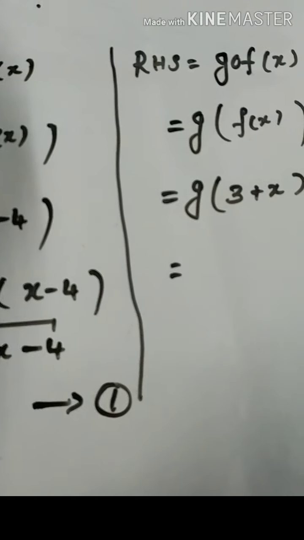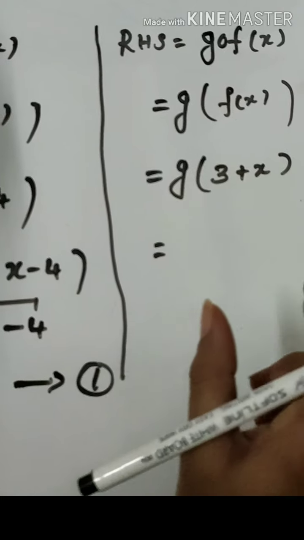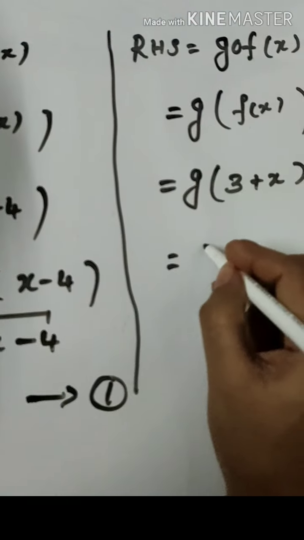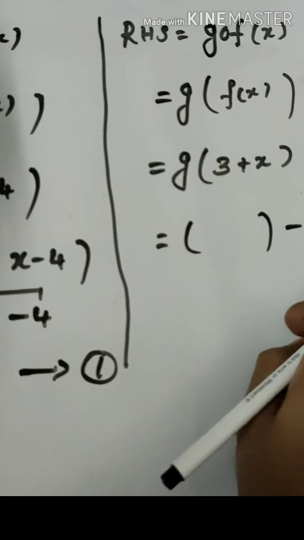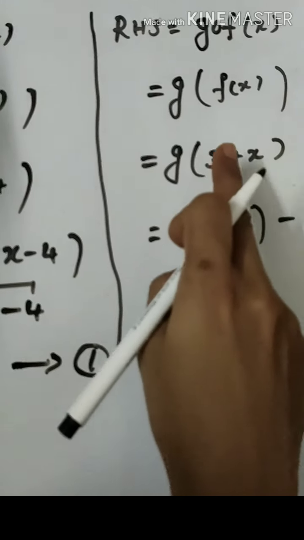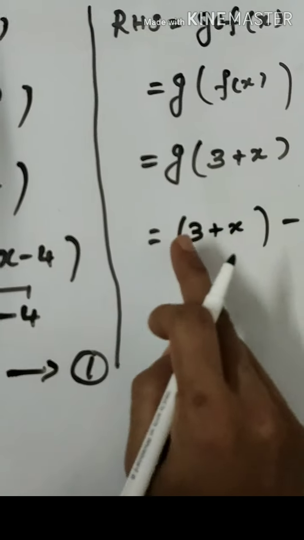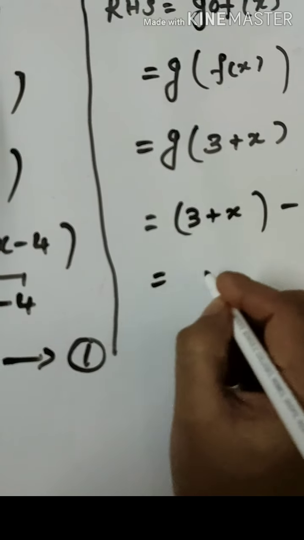What is our g of x here? x minus 4. When you are writing the outside function, you have to give the bracket instead of x. Instead of x, I am giving the bracket and writing the remaining value, that is minus 4. In this bracket, we write the above value. What is that above value? 3 plus x. We don't have anything before the bracket, so we can cancel this bracket.